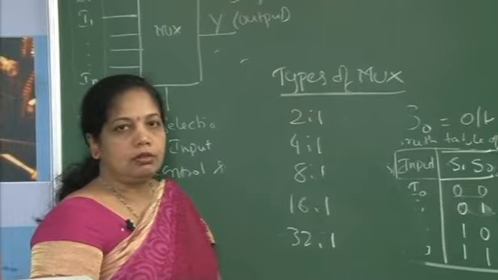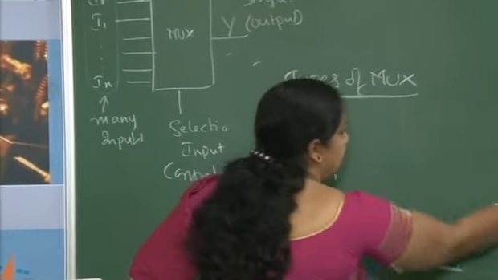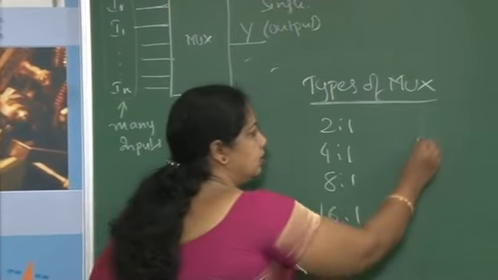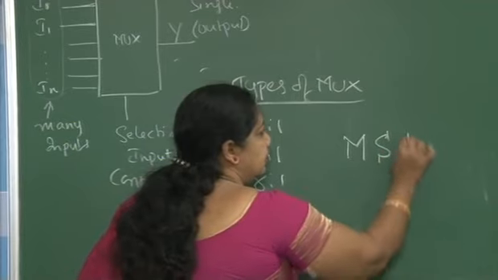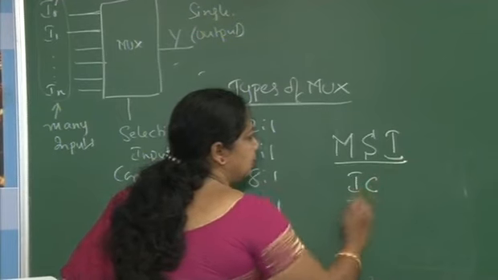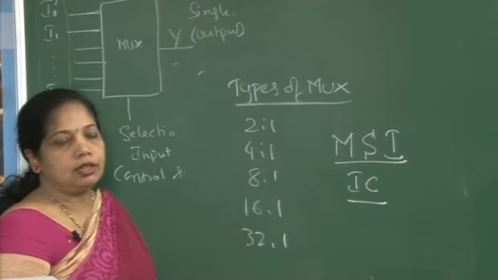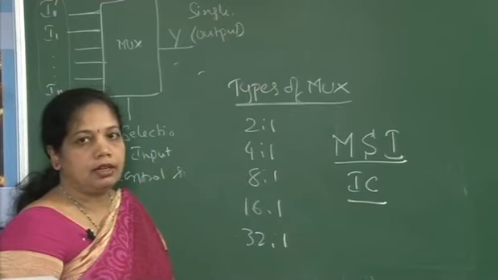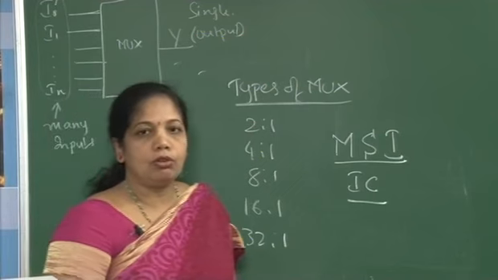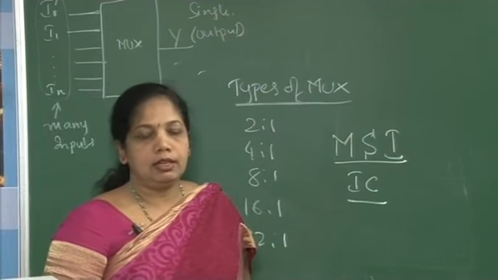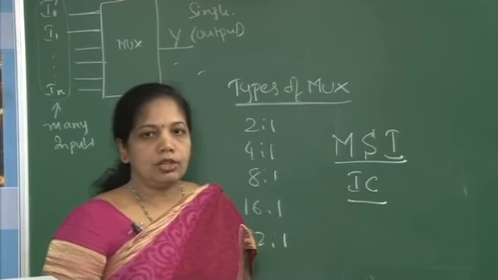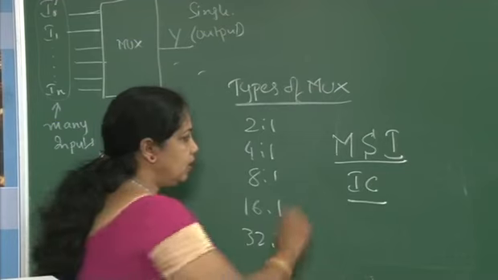So, there are many multiplexers available in the market in the form of IC. We call it a medium scale integrated chip, MSI, medium scale integration IC, which is available in the market. So we have all these options, no need of connecting all those gates. Everything is available inside the IC, the only thing you need to do is give the inputs and selection inputs and take the outputs. No need of connecting AND gates.